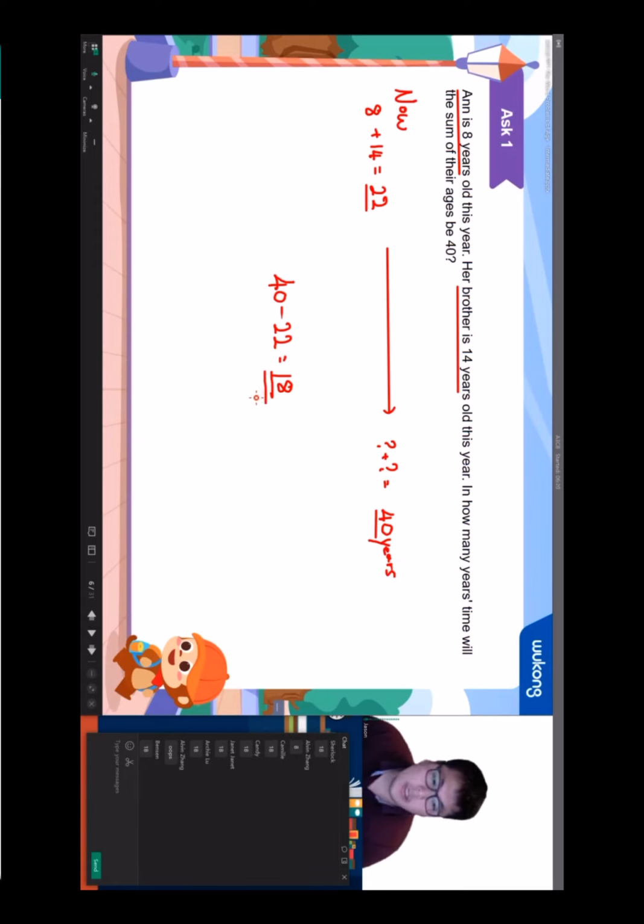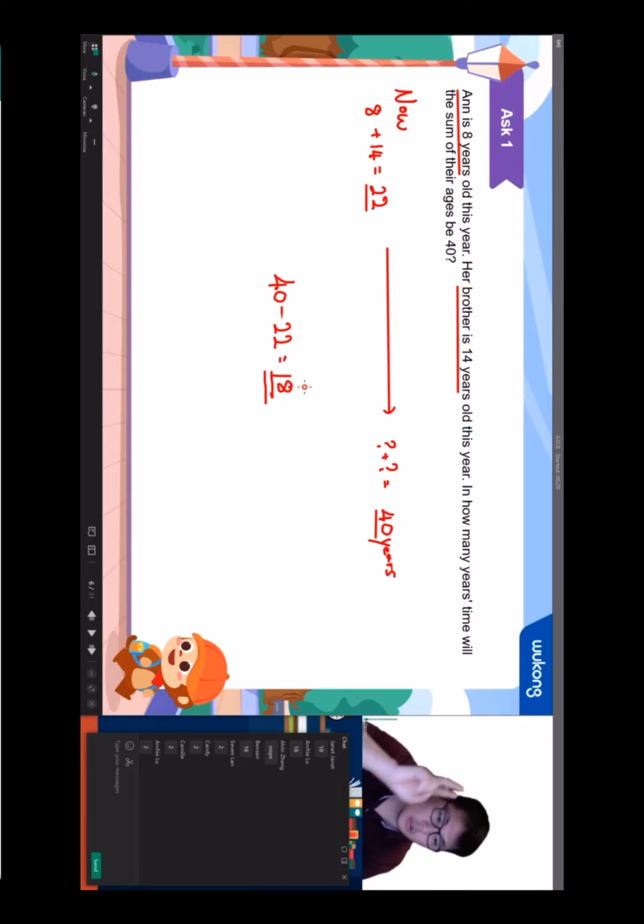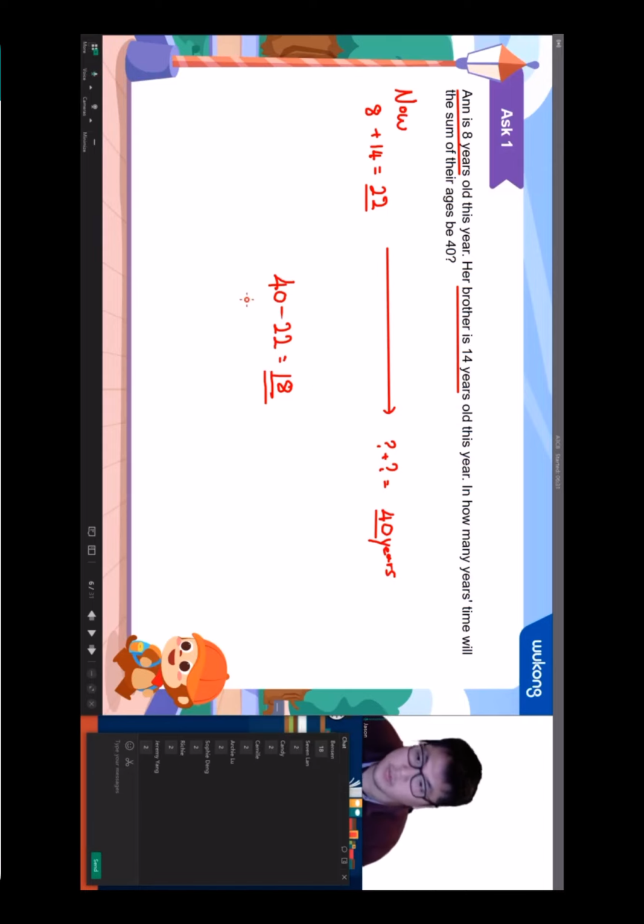But now here's another thing. How many people do we have for the sum? How many people do we have? 2. Yes, we have 2 people. So what you need to do is 18 divided by 2, which equals 9. So that's why it's been 9 years, everybody.